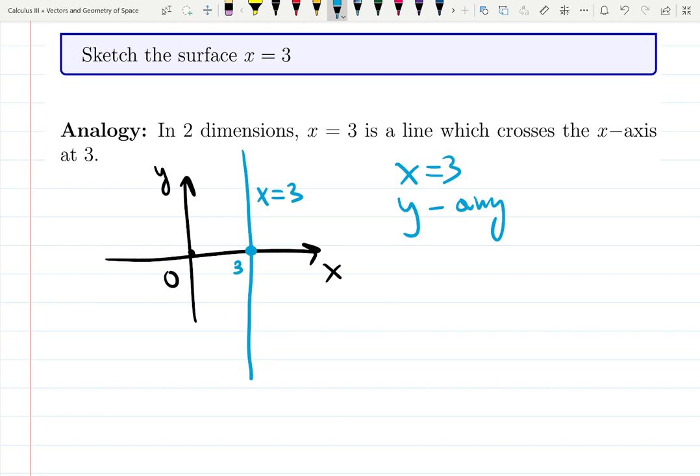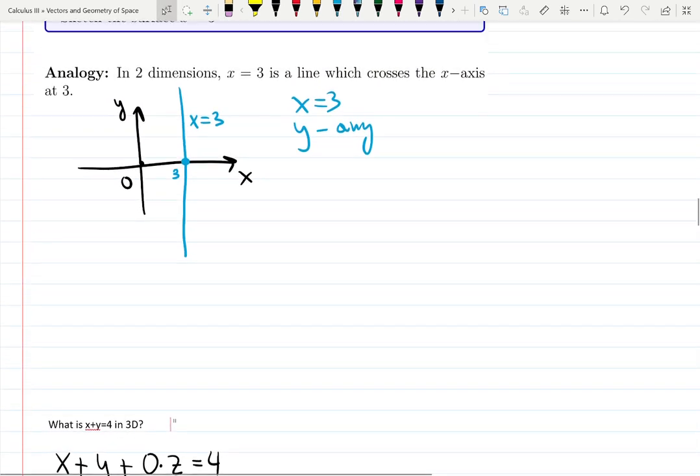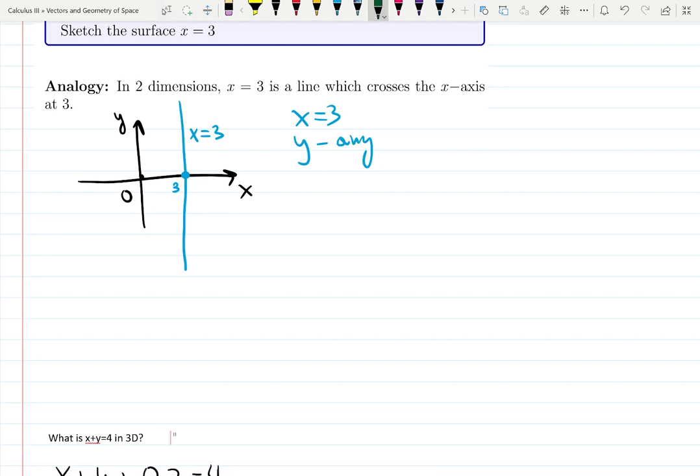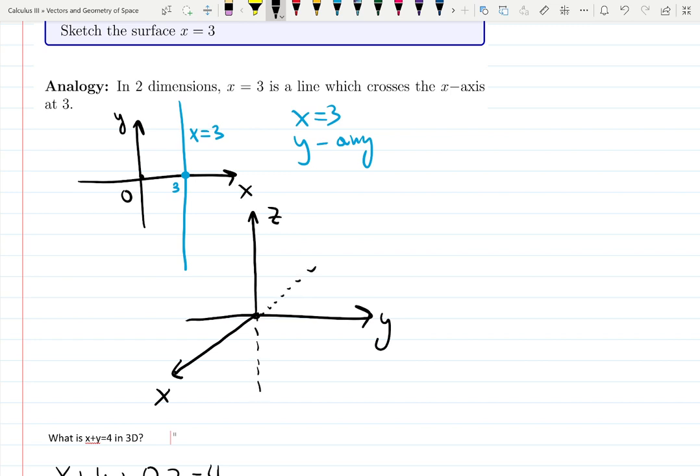In 3D, let's learn how to sketch it from the beginning. Finally, let's learn this. Let's start the correct way: y, x, z. This is how you usually sketch it. And usually people put dots on the negative sides, like so.